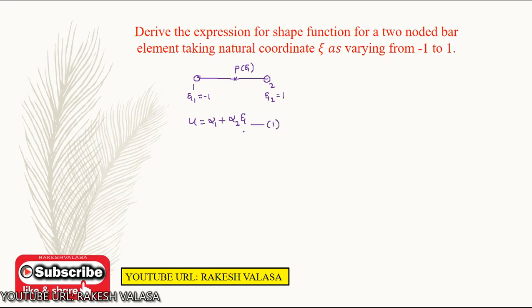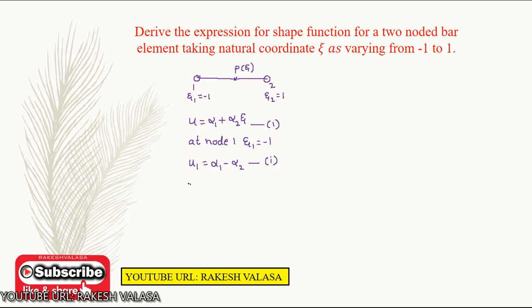Here we have two nodes. For example, at node 1, zeta 1 equal to -1. Now substitute in equation 1, we get displacement at node 1, u1 equal to alpha 1 minus alpha 2. This is equation number 1 in Roman numerals.